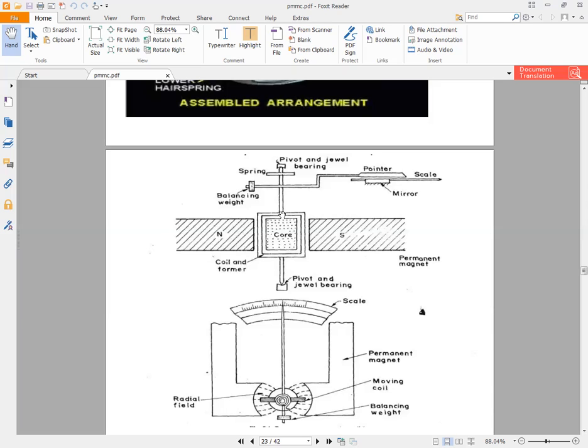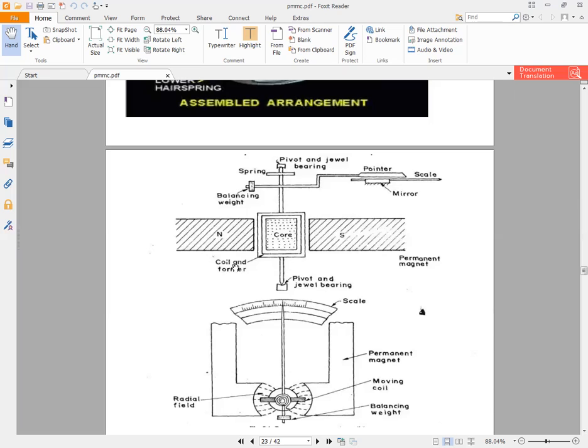It is again made up of magnetic material and it is used to strengthen the magnetic flux linkage. That means it strengthens the number of turns of a coil and the current flowing through that coil, which is nothing but our flux linkage. Next one is the coil, and this coil is placed on the aluminum former.